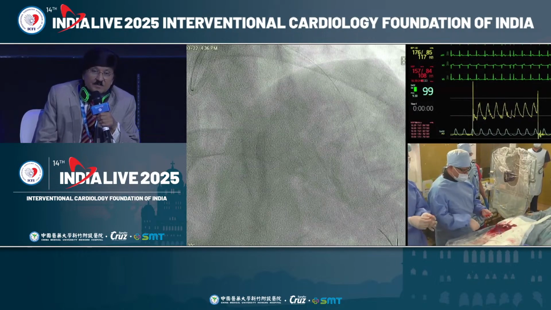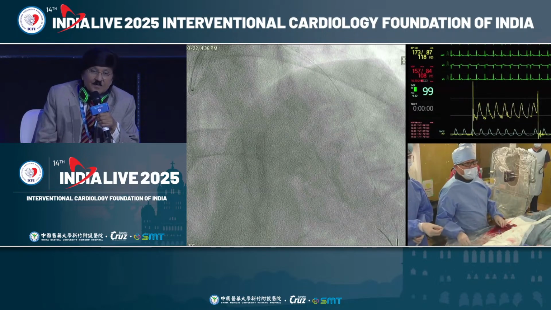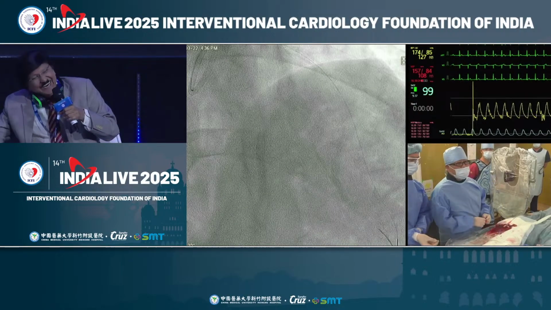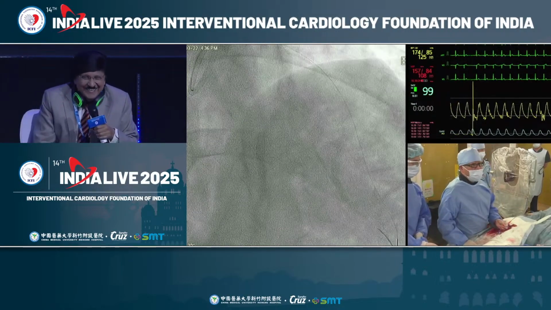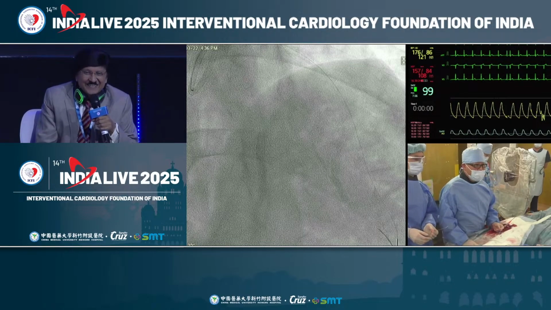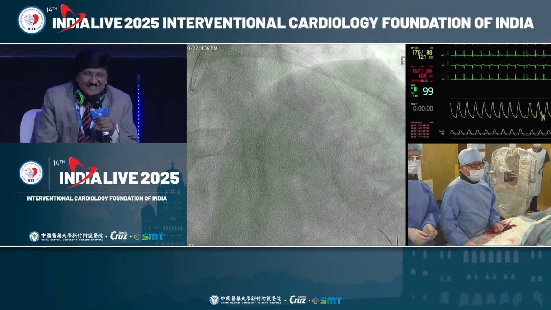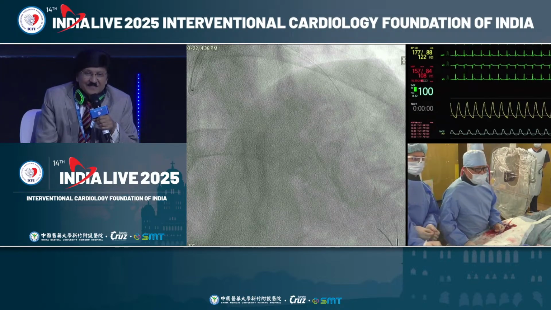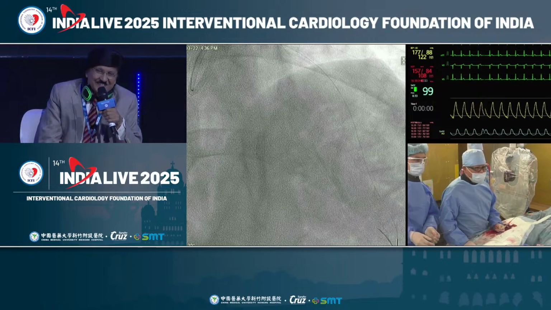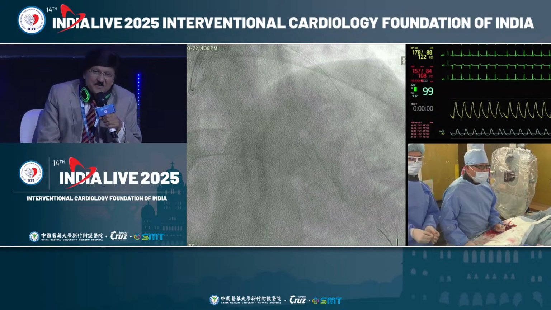I always use IVUS in all complex cases, because OCT always requires blood flushing, removing the blood. If a dissection happens, flushing is not good. So I don't use OCT for complex cases, especially calcified regions.